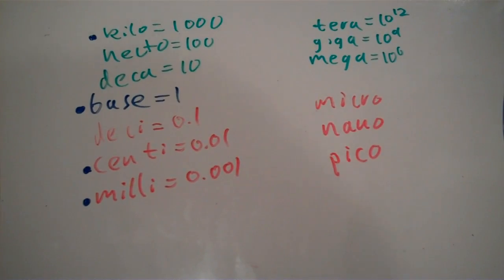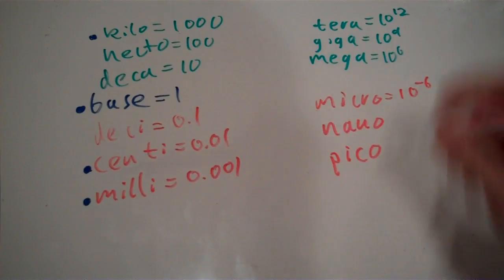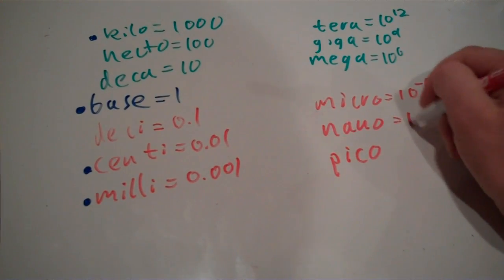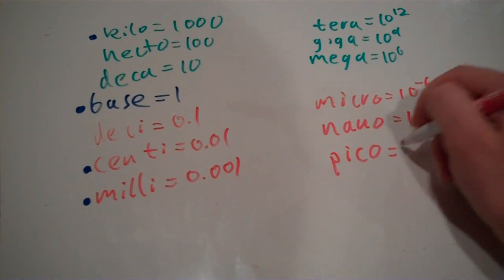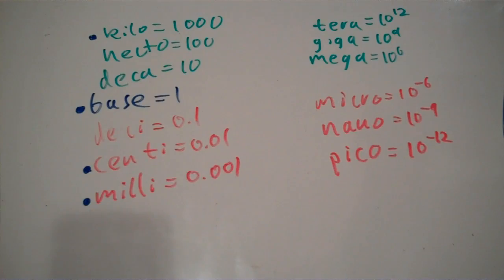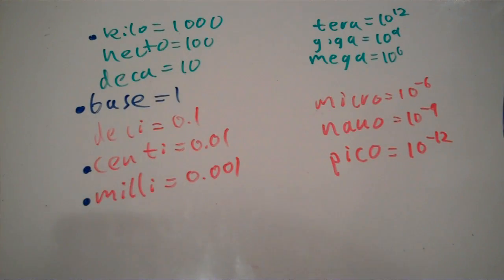And for going down, we have micro, which is 10 to the negative 6th, and keep in mind this is 10 to the negative 3 times 2. Nano is 10 to the negative 9, and pico is 10 to the negative 12. Now, these expanded prefixes aren't used very often either. And there are even more prefixes that go even farther, but those are used even less.